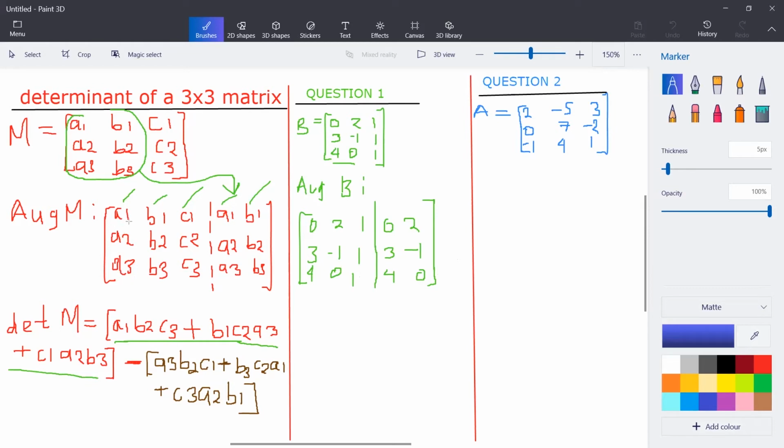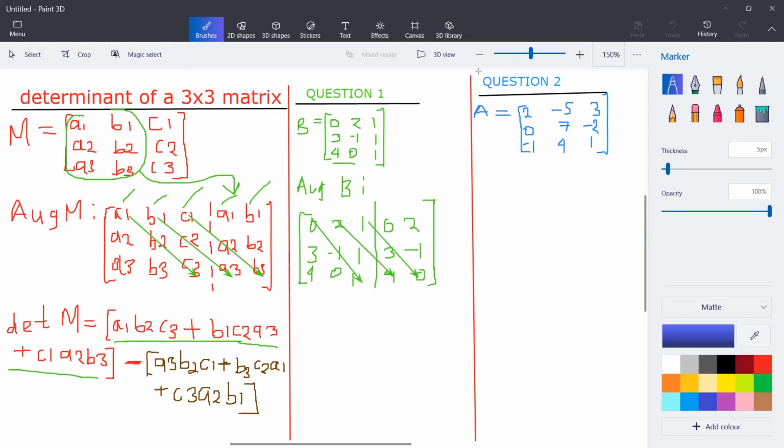So for the first bracket multiplications, the ones I've just underlined in green, you take your diagonals from A1, B1, C1. So in this case, what will I have in my matrix? My A1 diagonal is like that, and B1 and C1 go that way.